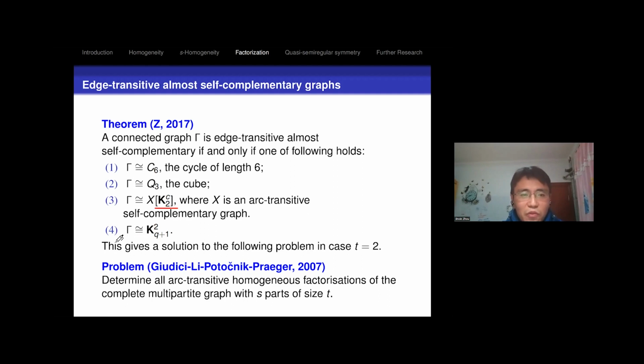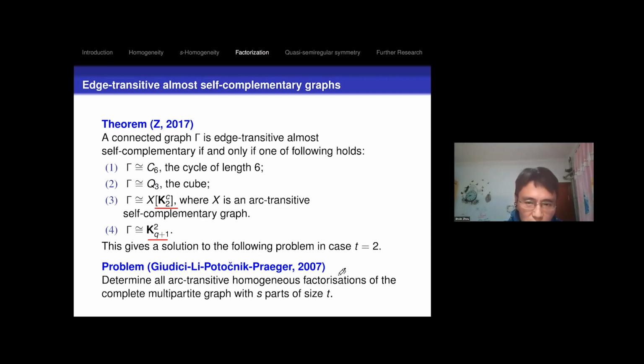And the fourth graph is the antipodal 2-cover of the complete graph of order q plus 1. By the definition of almost self-complementary graph, we know this kind of graph is just a factorization of a multipartite graph with s parts of size 2.